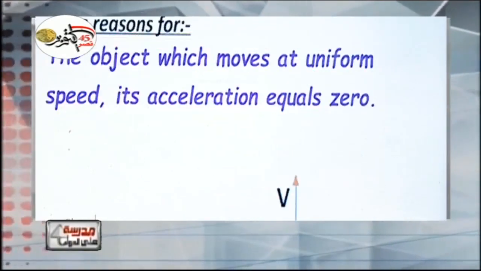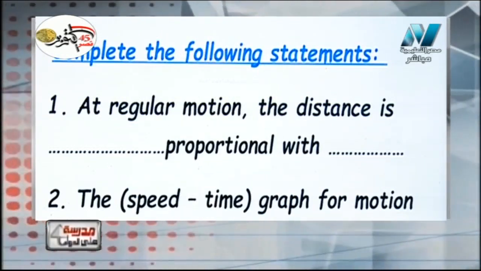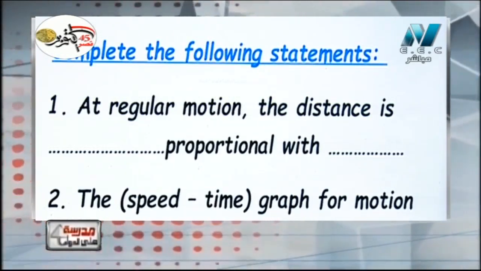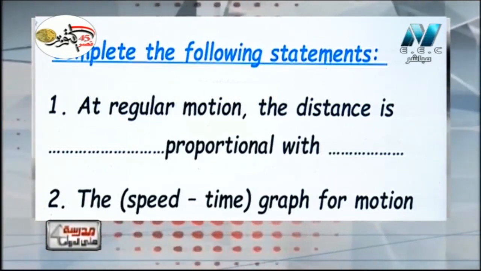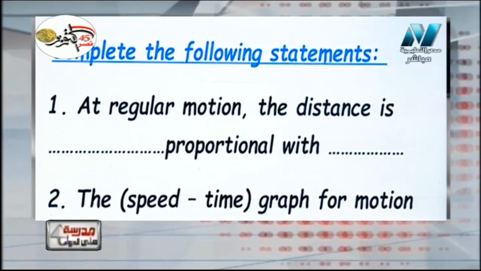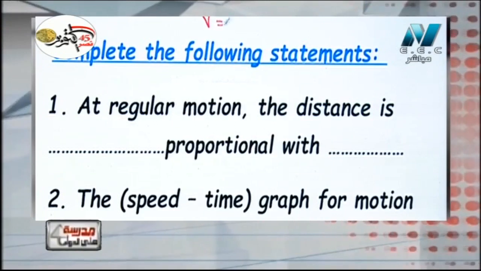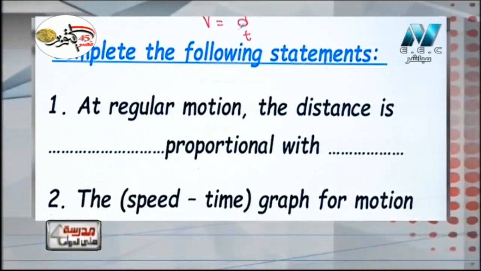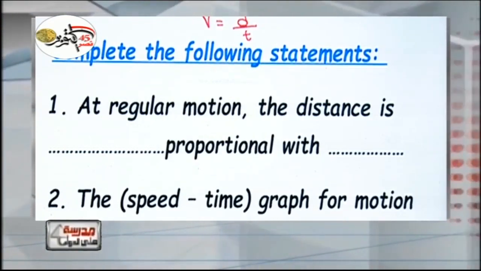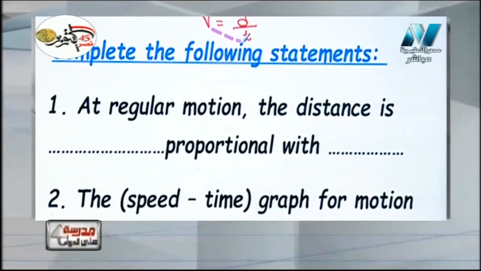Okay, so if we have to write some questions here, as complete the following statements. At regular motion, the distance is proportional with what? We go back to the previous lesson. We have V equals D over T. Yes? So we have a relation between speed and distance, and a relation between speed and time.